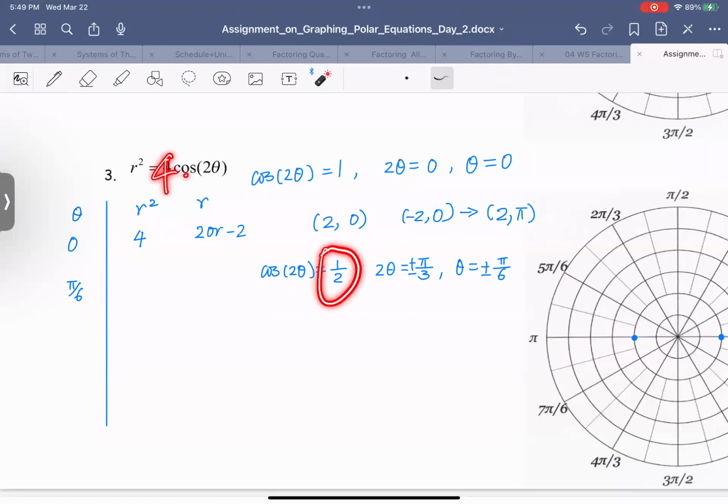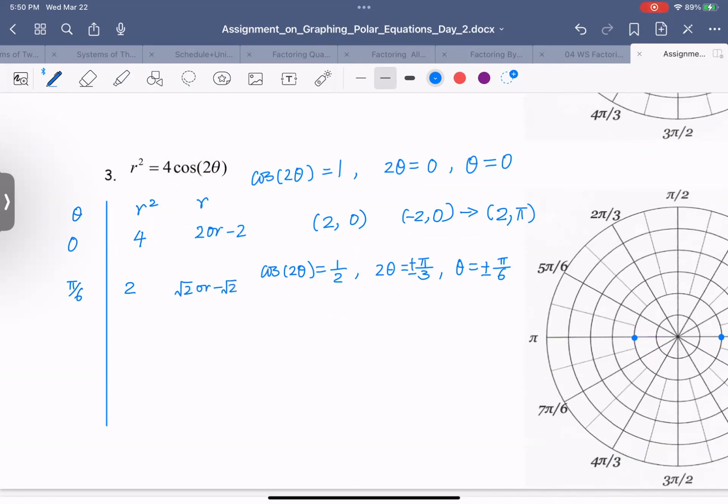You got what I mean? 1/2 times 4 is 2, so r squared is 2. Correct? So r is going to be square root 2 or negative square root 2.